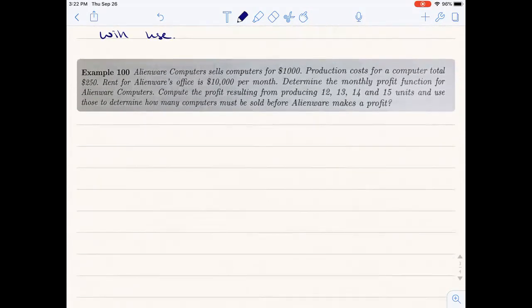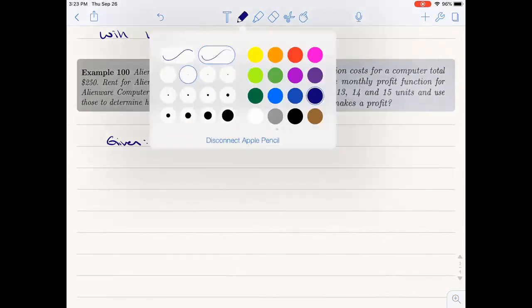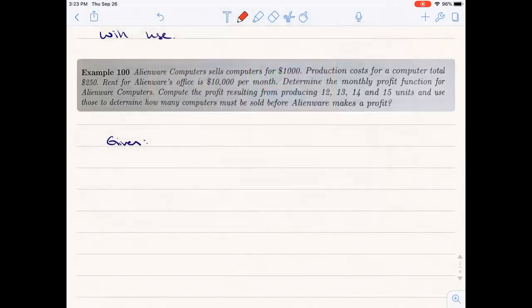And so we're given, all right, what do we have here? We've got P, the price per unit. P is 1,000. And production costs, so C, I'll put it up here, C is 250.